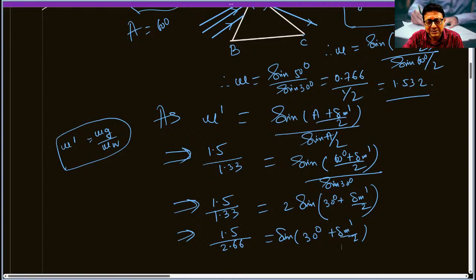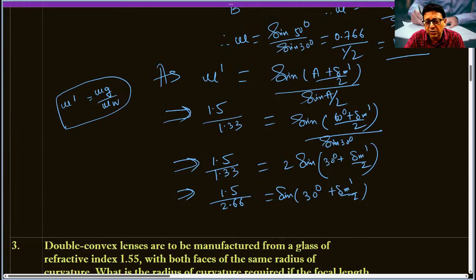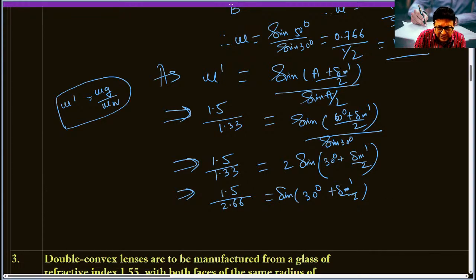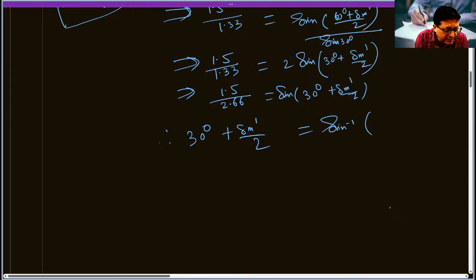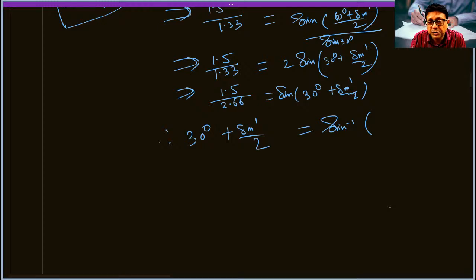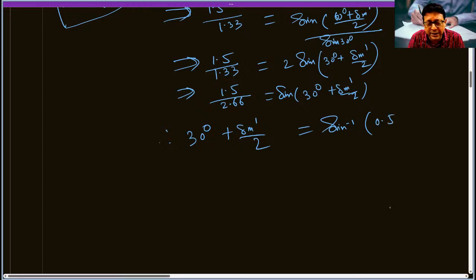Now if you divide and then take sin inverse, that will be the right thing. Therefore 30 degree plus delta m dash by 2 will be sin inverse of that 1.5 by 2.66. This is going to be 0.5759 approx.